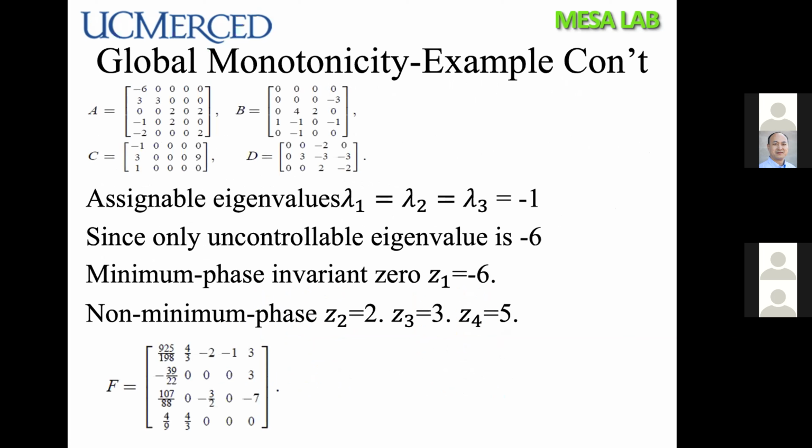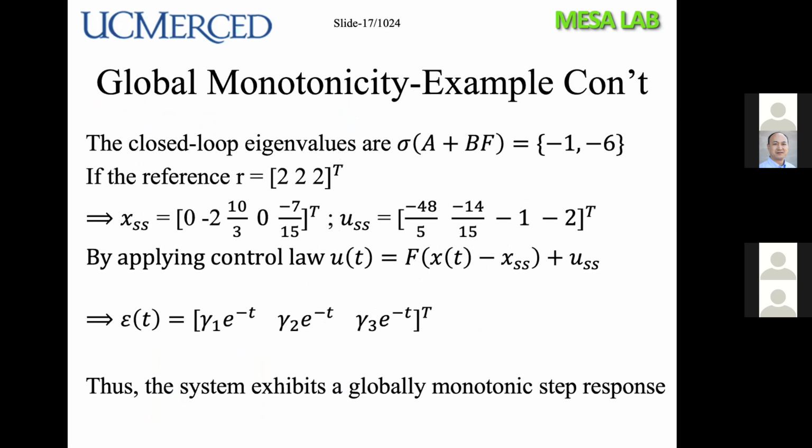Since the only controllable eigenvalue is -6. And for the minimum phase invariant zeros, Z1 is -6, and non-minimum phase Z2, Z3, Z4 are 2, 3, 5. So thus we can get the feedback matrix that looks like that.